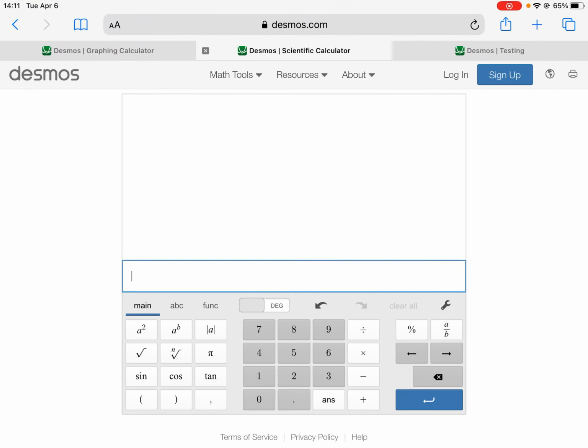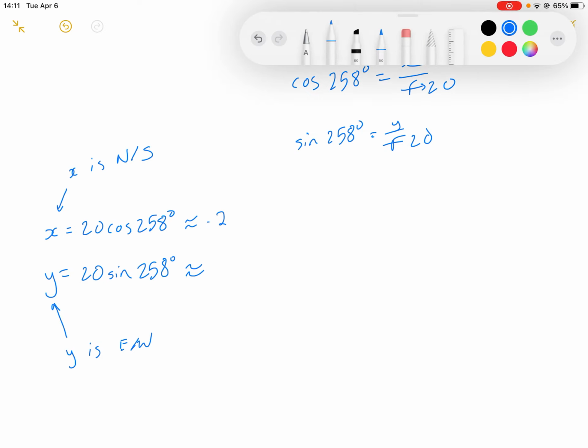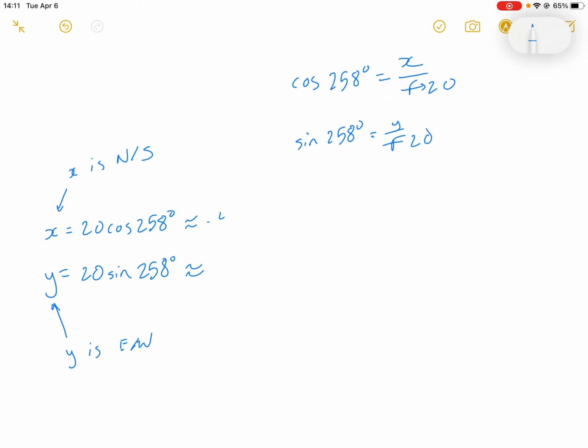So 20 times cosine of 258. Make sure you are in degrees mode. I get negative 4.2 nautical miles.